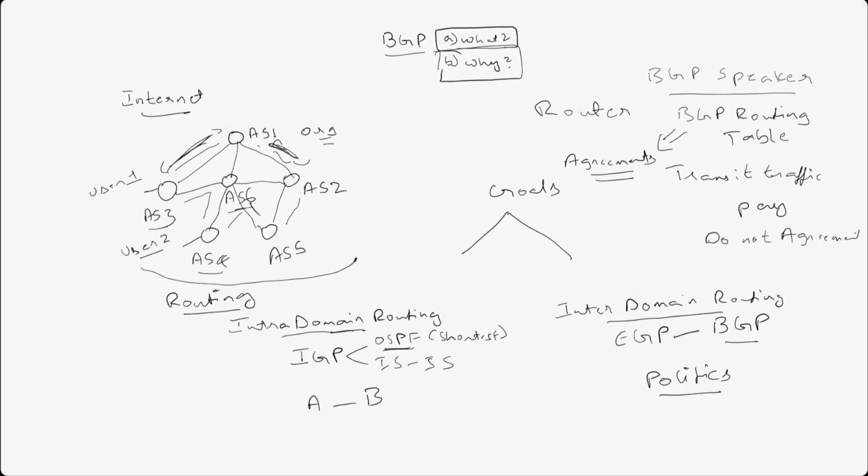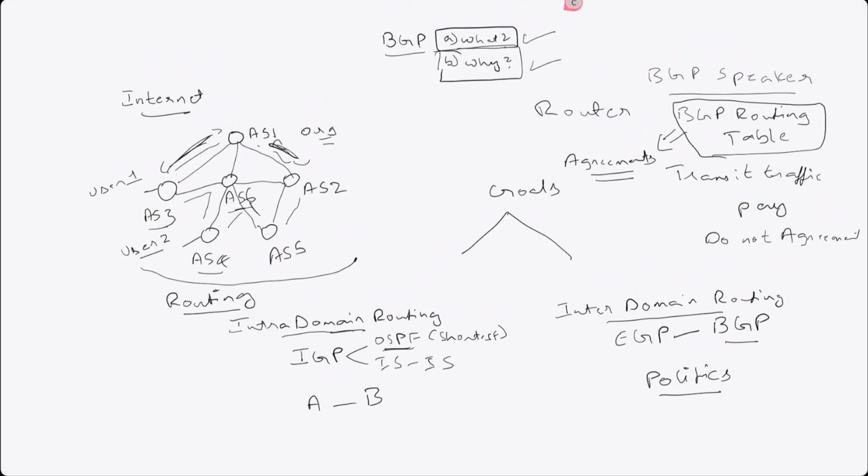So these are the kind of policies which exist within an AS, and these policies are typically converted into a BGP routing table, and the BGP protocol is going to look at the routing table and route the packets accordingly on the internet, right, to go from point A to point B. So that was the why part of BGP, right?